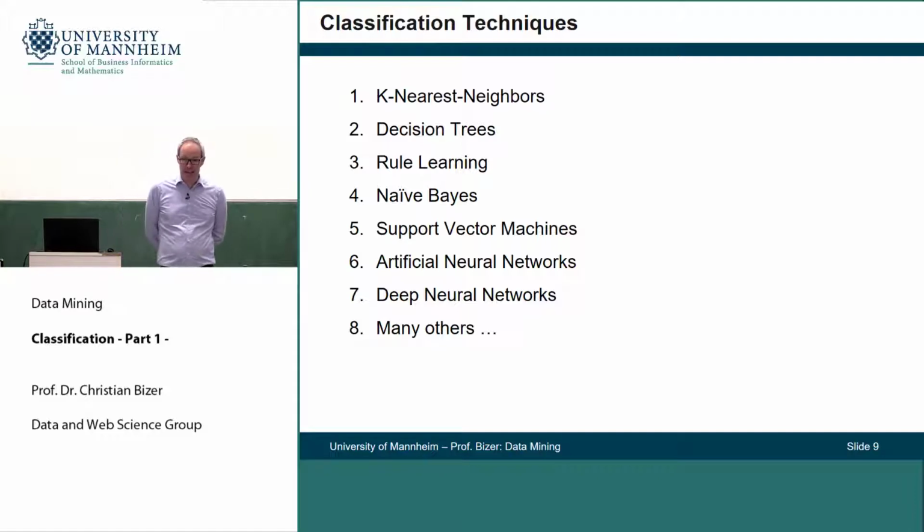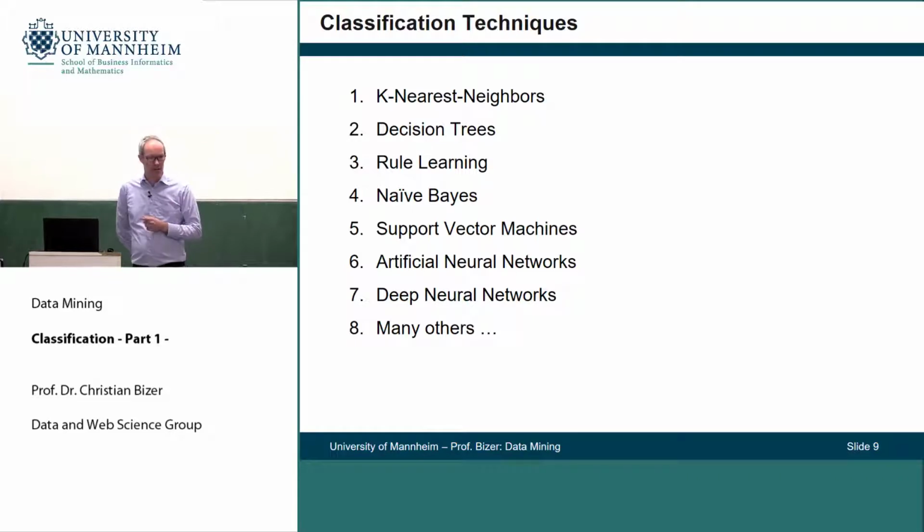Classification techniques, there's a wide range of techniques being used. Here a list of some: nearest neighbor, decision trees, rule learning, naive Bayes, support vector machines, artificial neural networks, deep artificial neural networks, which in addition to just making the classification decision, also try to determine the features that make sense for a specific class.